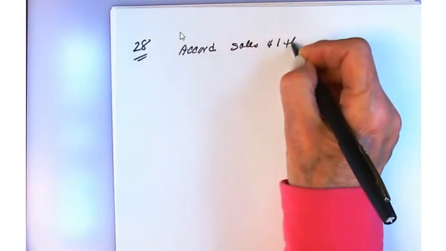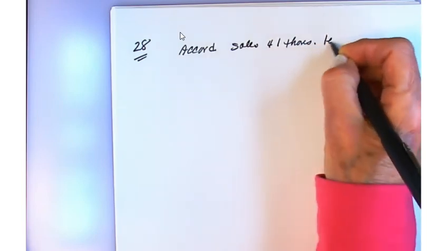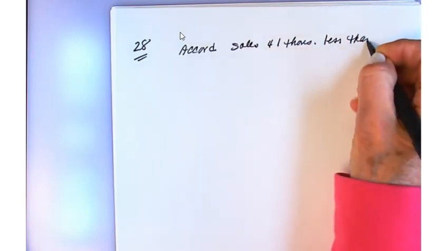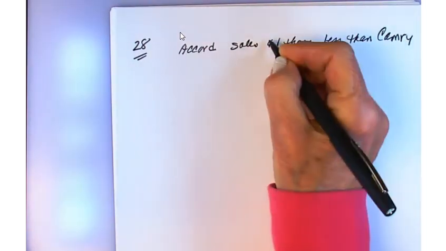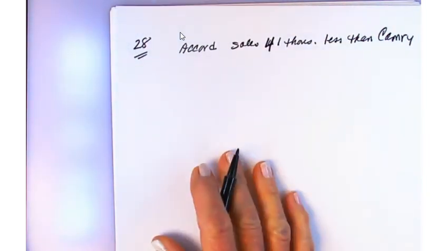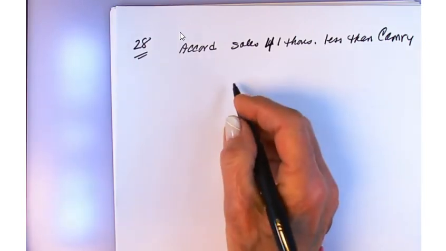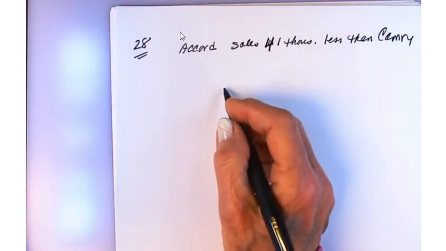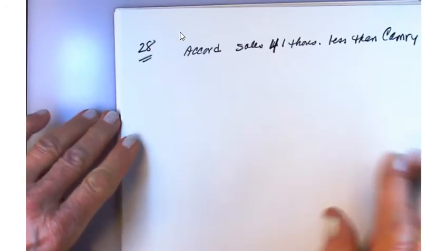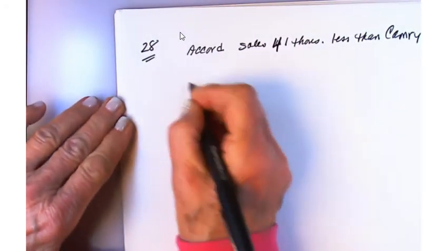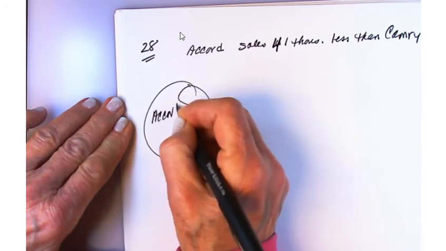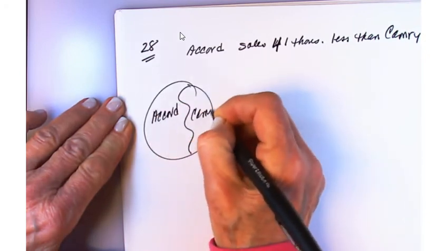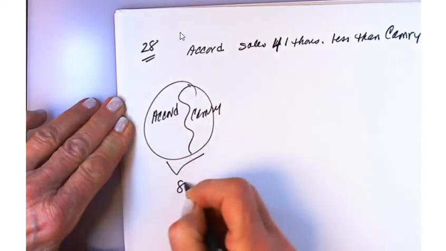Okay, so we're in the thousands now. And 817,000 were sold. So we have our picture here: Accord, Camry, and the total is 817,000.